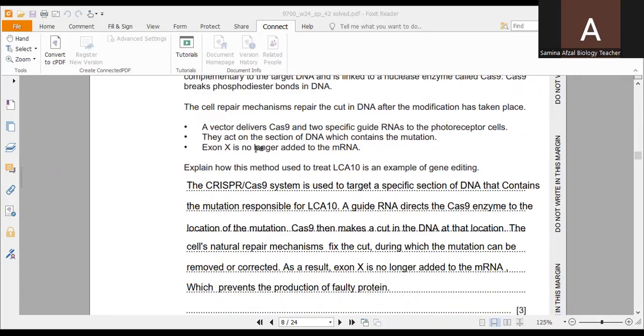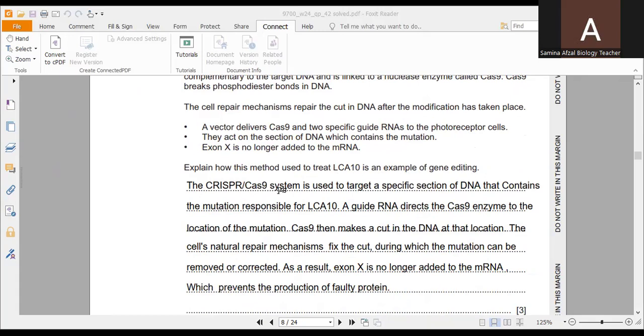The bonds between DNA nucleotides are phosphodiester bonds. The cell repair mechanism repairs the cut in DNA after the modification has taken place. A vector delivers Cas9 and two specific guide RNAs to the photoreceptor cells. They act on the section of DNA which contains the mutation. Exon X is no longer added to the messenger RNA. Explain how this method used to treat LCA10 is an example of gene editing.